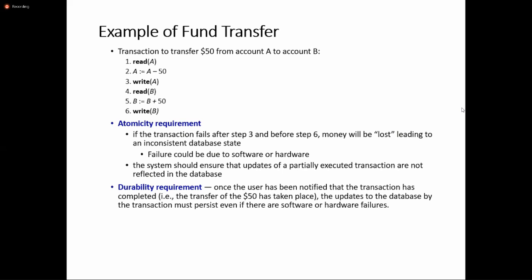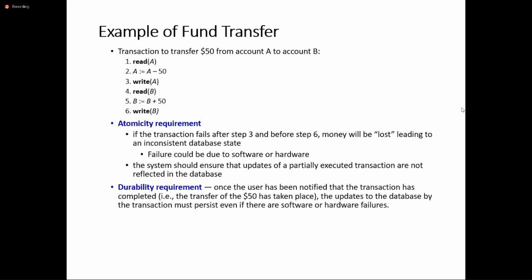Okay, next is durability. Once the execution of the transaction completes successfully, and the user who initiated the transaction has been notified that the transfer of funds has taken place, it must be the case that no system failure can result in loss of the data corresponding to this transfer of funds.